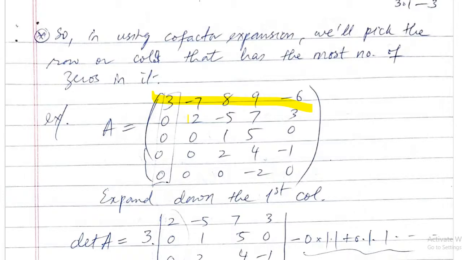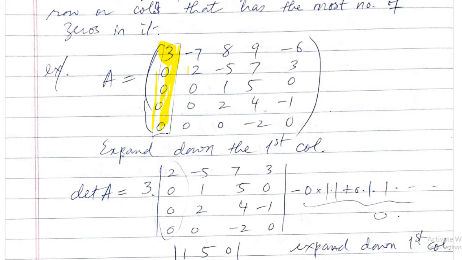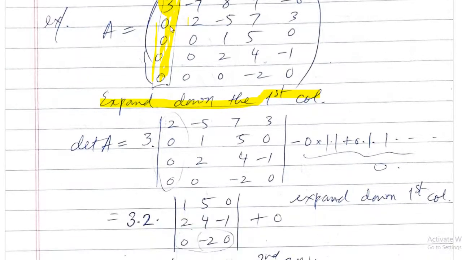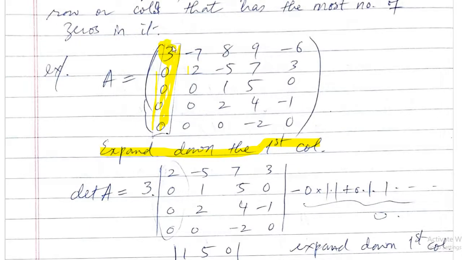But instead, if we choose this column, then only 3 will give you the answer, because all others are 0 and 0 does not give you any contribution. So it's a good idea to expand down the first column. The first column will give me 3, remove the row and column.